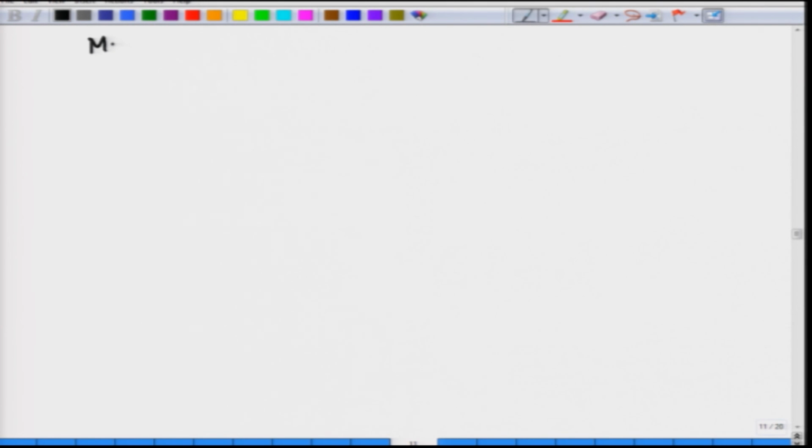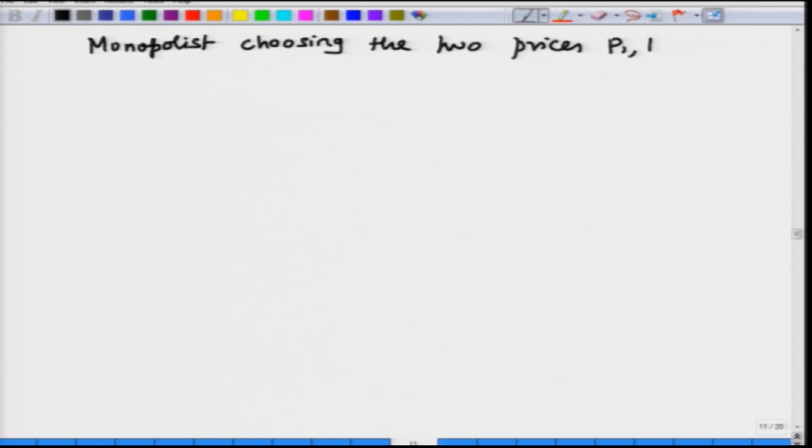Okay. Now, just to push this a little bit further, instead of the two firms, suppose we had a monopolist choosing the two prices P1 and P2, right. So, what would the setup look like? The monopolist is choosing P1 and P2 to maximize the joint profits.